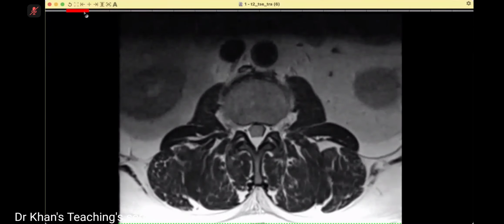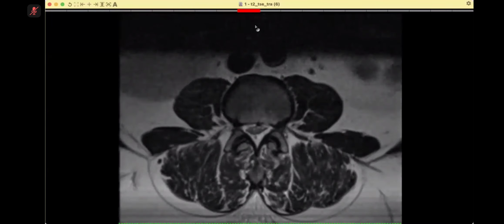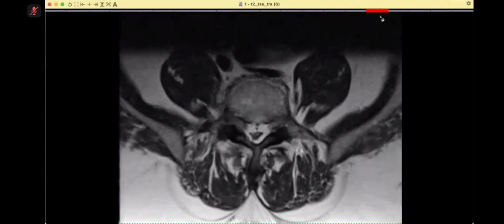So they are clumped, giving an empty thecal sac sign in this region. So it is likely... Here is the CSF. If it is the empty thecal sac sign, you should see CSF. So, where is the CSF? So this is hyperintense all around.